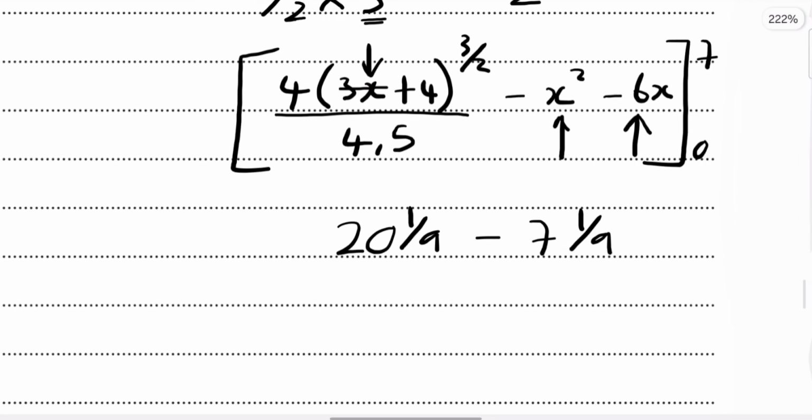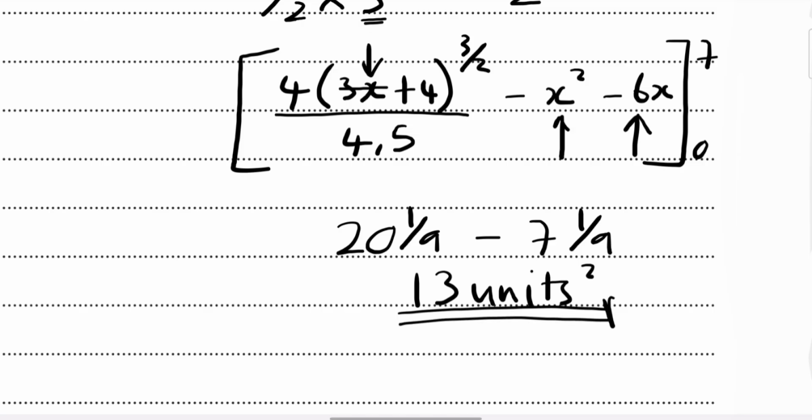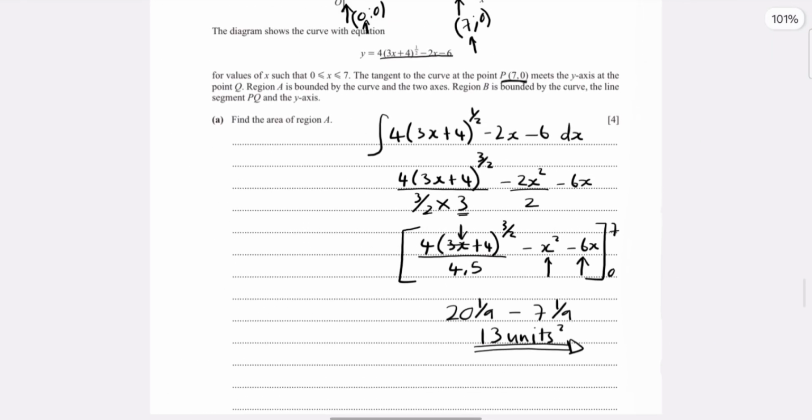Subtracting this, we get 13 square units for the area of A.